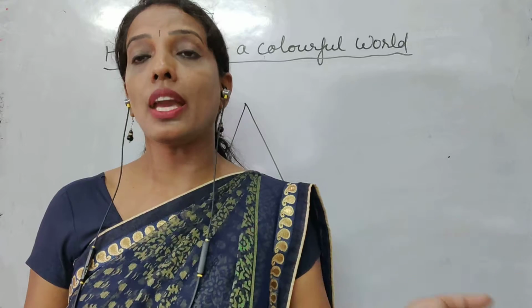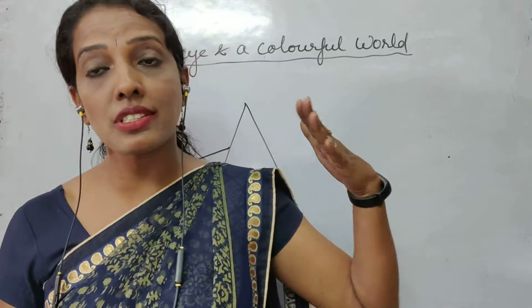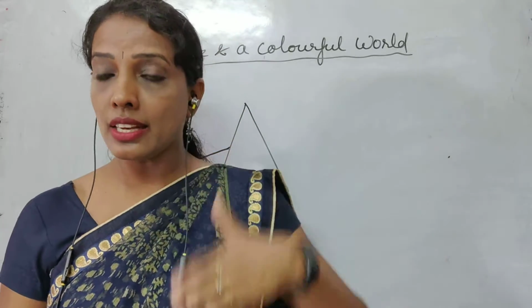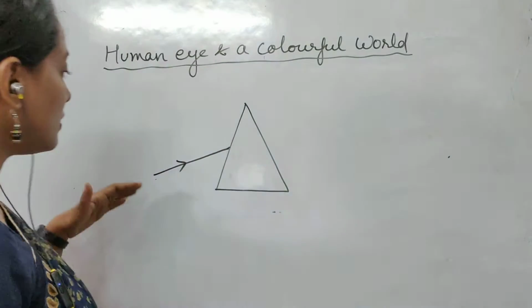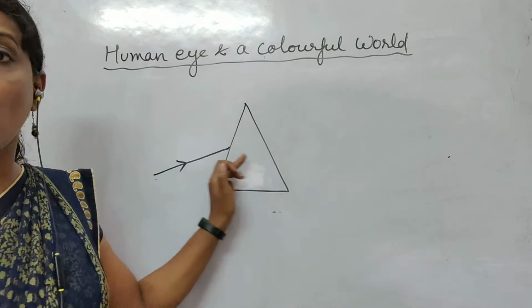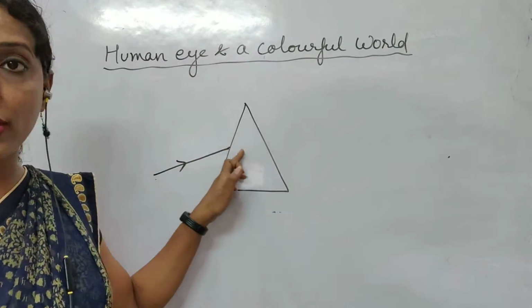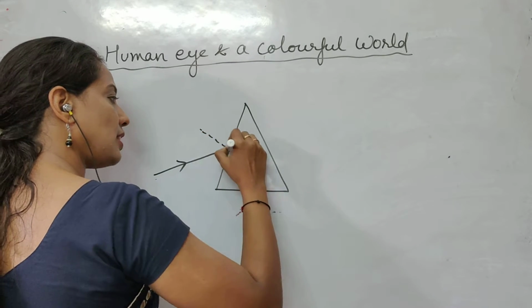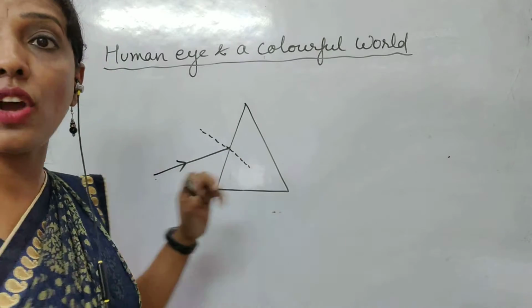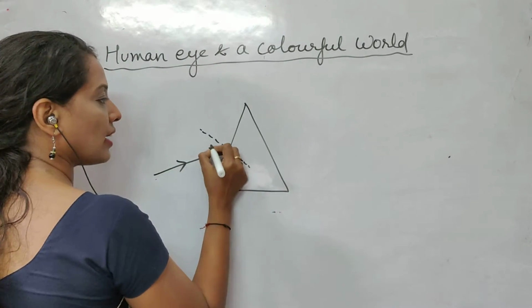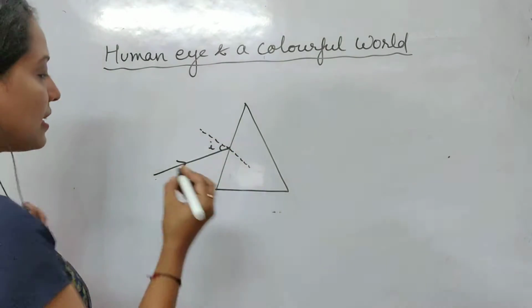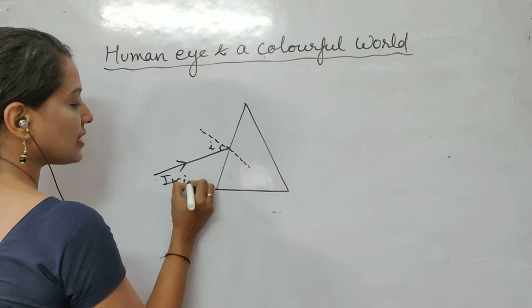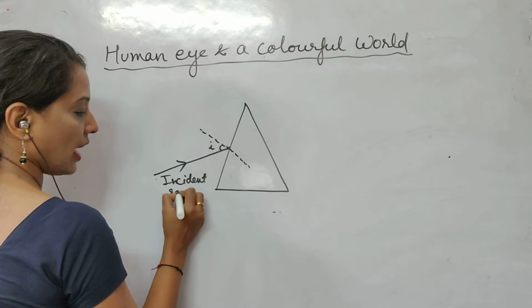The incident ray is the ray which is coming and falling on the glass surface. Here this is the incident ray falling on the prism, this is the normal, and this is the angle of incidence.